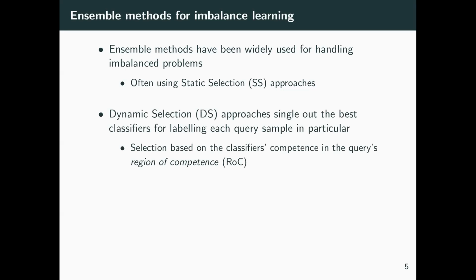Another approach from ensemble methods is dynamic selection, which attempts to select for each instance a different set of classifiers to label that instance based on a metric of competence. So the dynamic selection techniques try to compute the competence of the classifiers for each sample, usually based on the local region around the sample, which is called the region of competence.